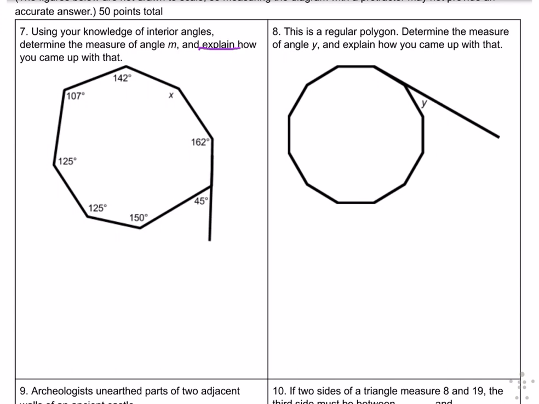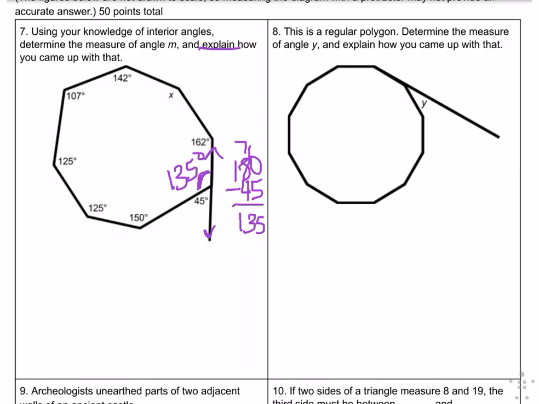So, my first step that I would do here is to solve for this missing angle right here. Because it is a linear pair with this exterior angle of 45 degrees, you would subtract from 180. So when I subtract from 180, I get 135 degrees.